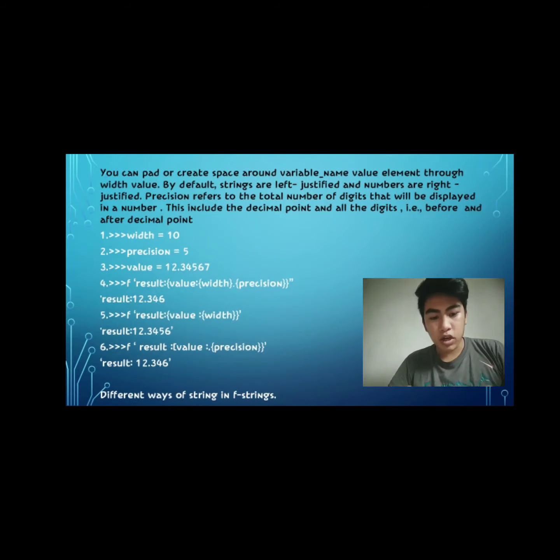So, pwede ka rin gumawa ng space around variable name. So, ang isa pa is strings are left justified and numbers are right justified. So, sa example po natin, width is equal to 10, precision is equal to 5, and the value is 12.34567. Result: value with precision 12.346. Kasi yung precision po natin is 5.